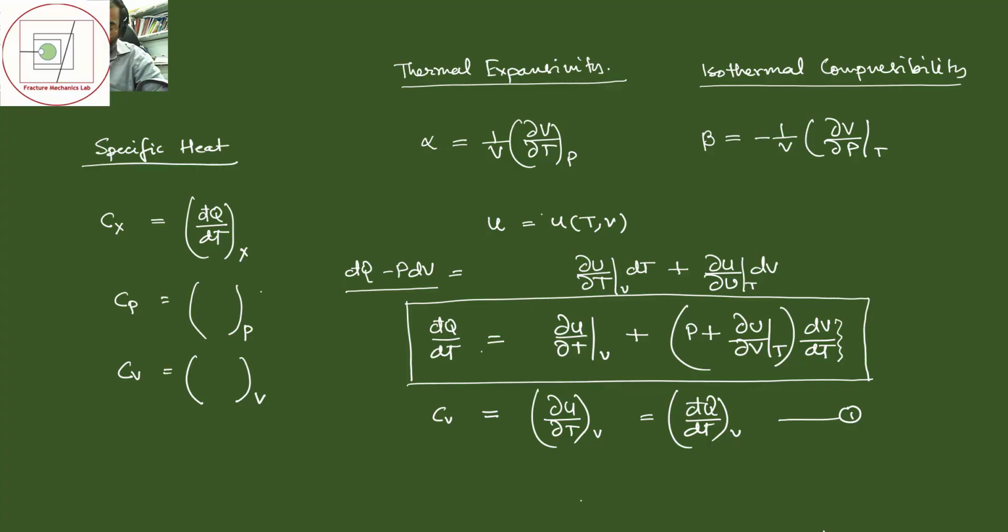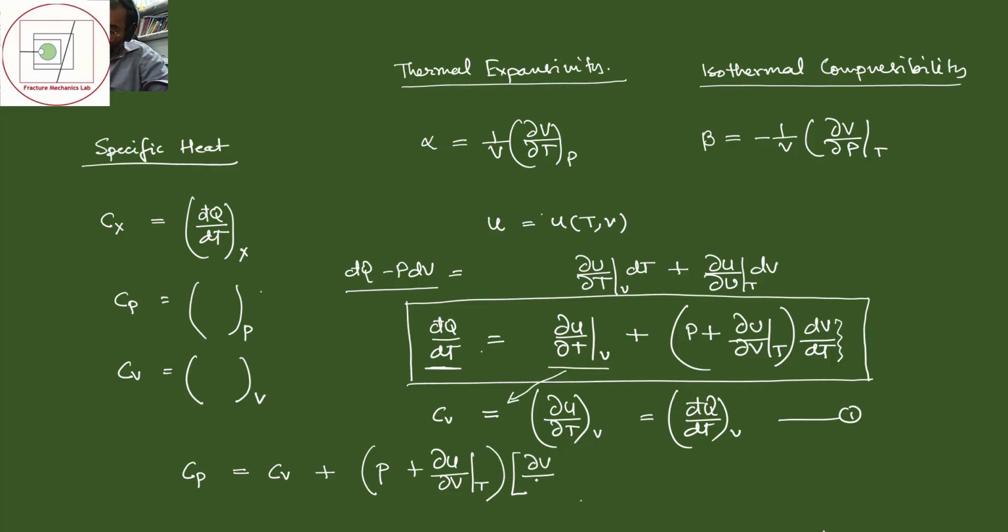When I put pressure constant, that will be equal to Cp, and this term you see is equal to Cv, plus I have P plus del U by del V at constant temperature, and I will have del V by del T at constant pressure because I'm imposing that.